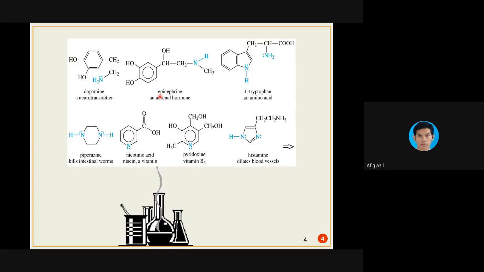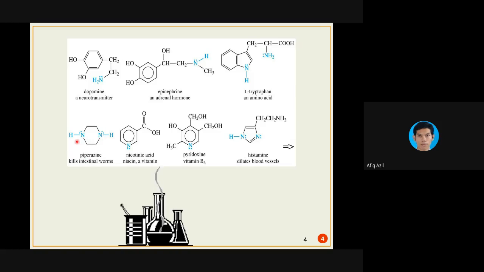Then we have epinephrine, which is an adrenal hormone. Then here we have an example of L-tryptophan, which is an amino acid. It also contains an amino group over here, in which you have NH2 and one of the hydrogens is replaced with carbon.